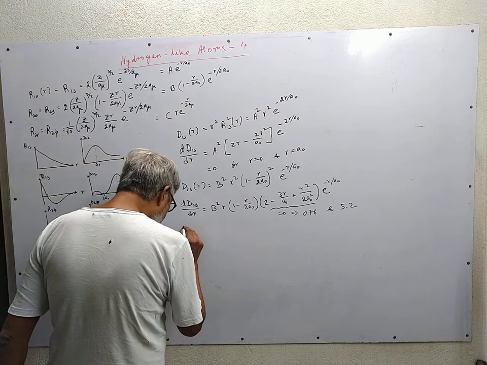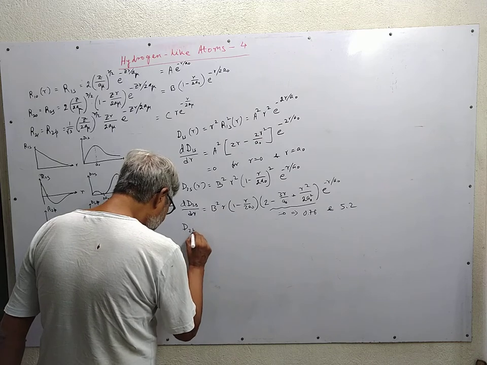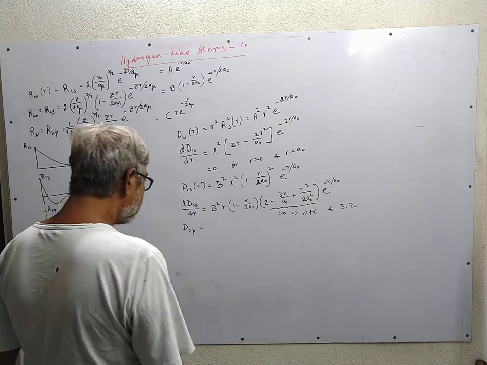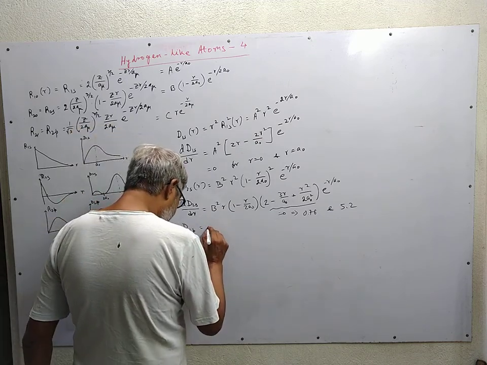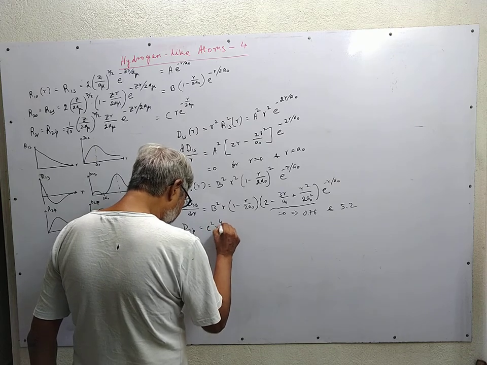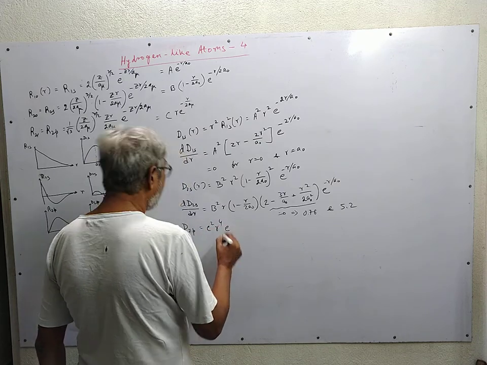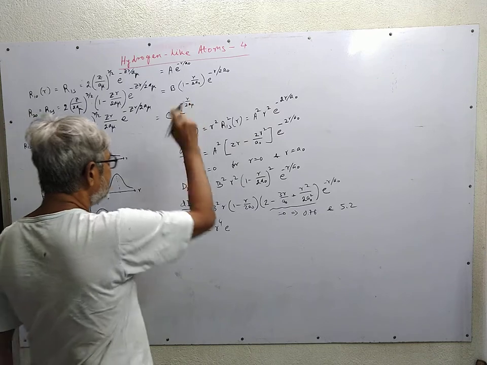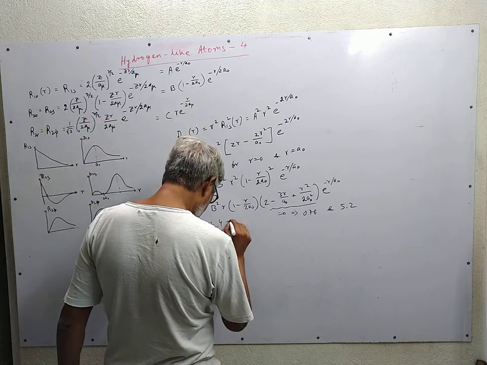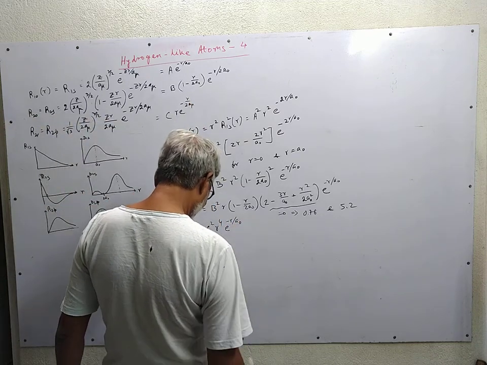Now coming to the D_2p state. D_2p is basically c squared r to the power 4 e to the power minus r by a0.